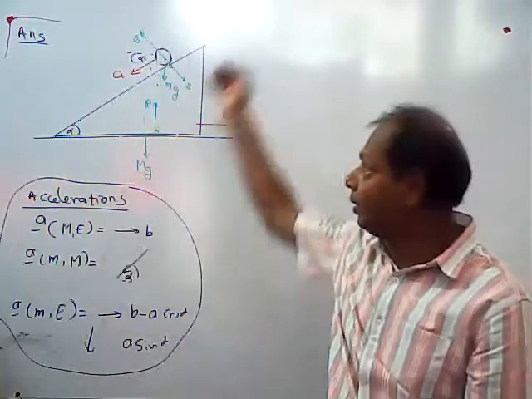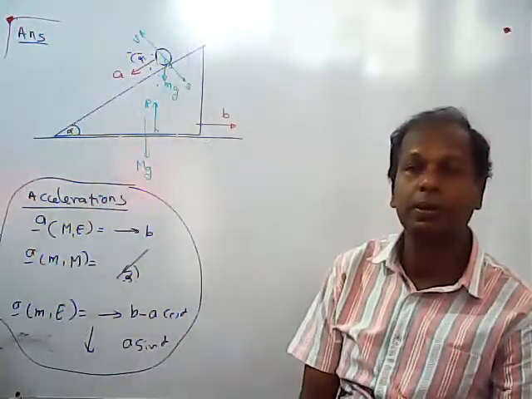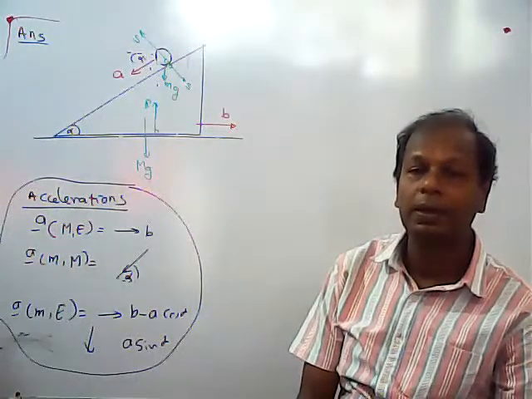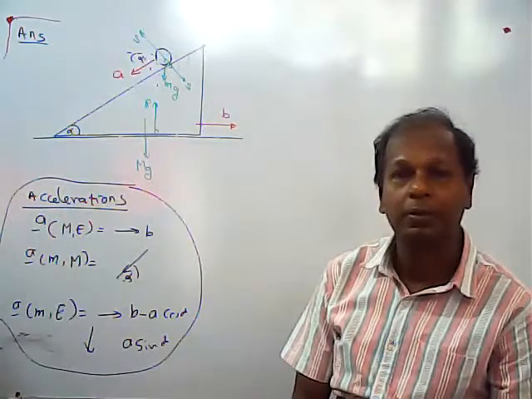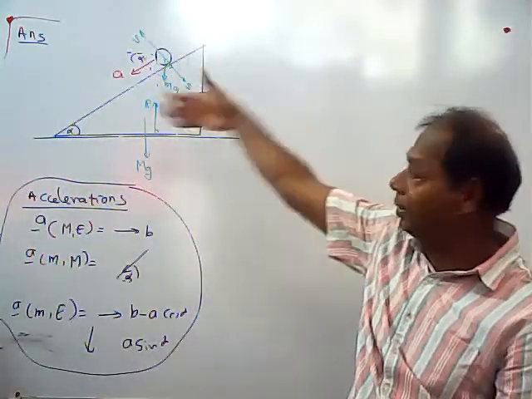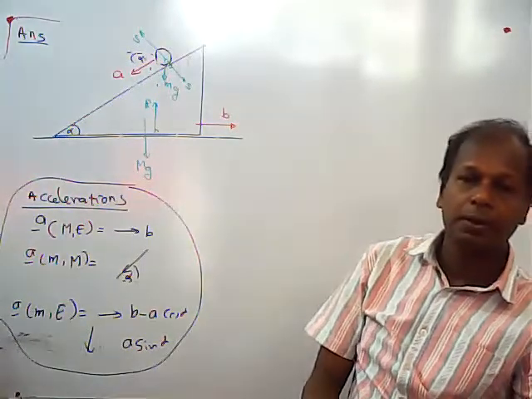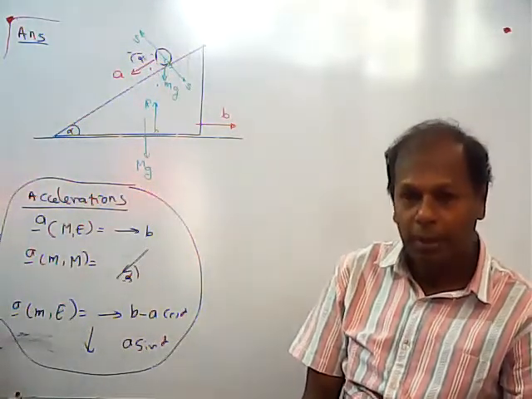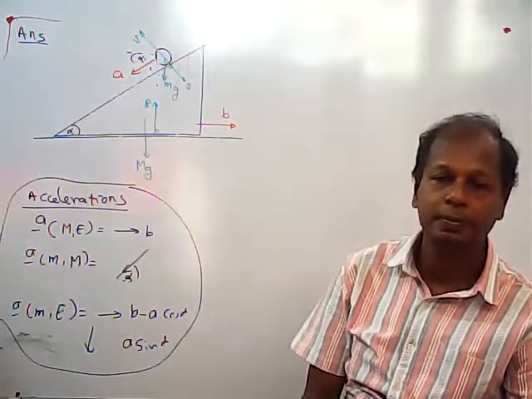Due to gravity, the smaller particle will start to slide down, and that will generate accelerations a and b. But a is not directly a component of g. You have to compute it. Now my question, applying F equals ma on what? In which direction? Discuss.